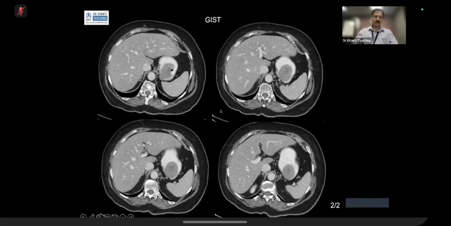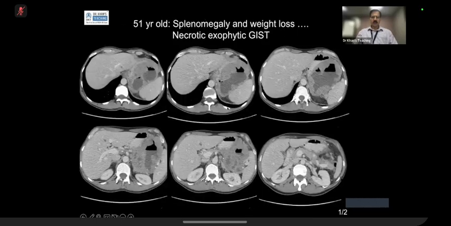And this is an exophytic type of GIST, where you see this is a huge lesion, the stomach itself is this, and this is an exophytic lesion which has got a necrotic center. And this case, by the way, was malignant, and later on it perforated, and the patient died because of that. So this is an exophytic GIST with central necrosis.